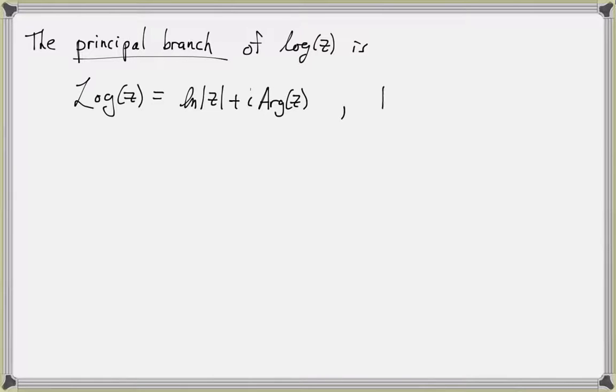Again, we're restricting the absolute value of z to be positive and the principal value of argument of z between negative pi and pi.